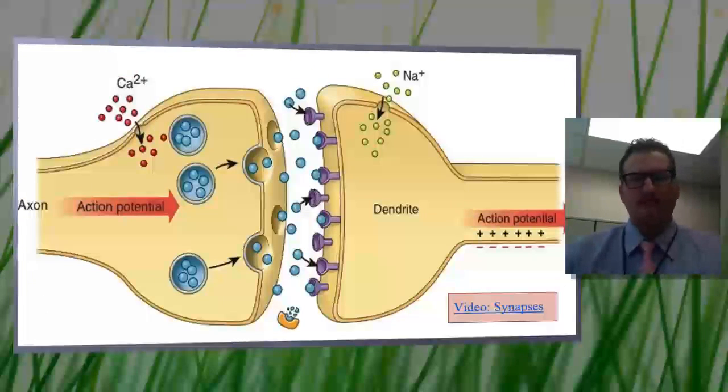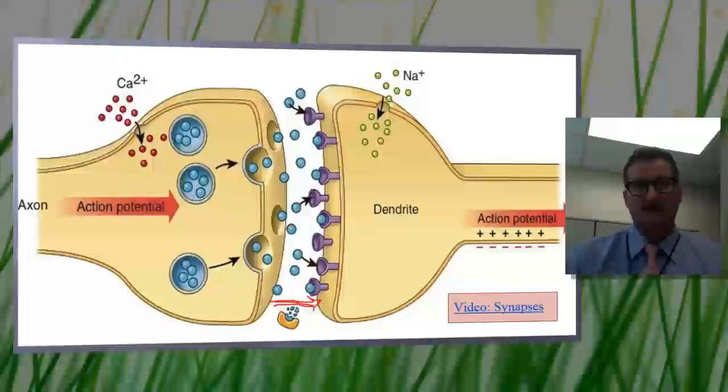As the impulse reaches the synaptic knobs at the end of the neuron, several things happen. They need to pass a synapse, or pass across a synapse, not through but across here. So this is an actual physical gap between the synaptic knob on one end and a dendrite of a neighboring neuron.